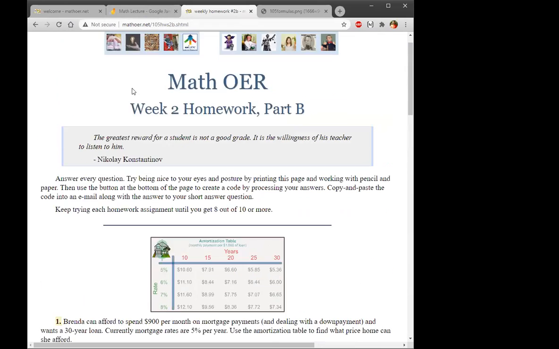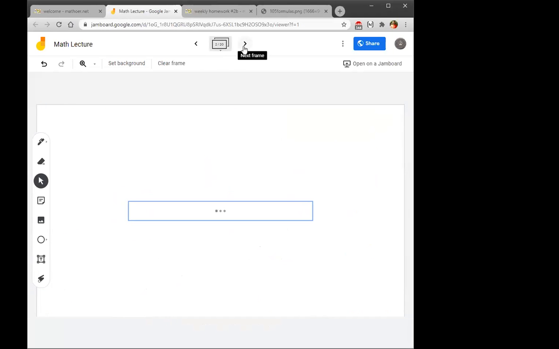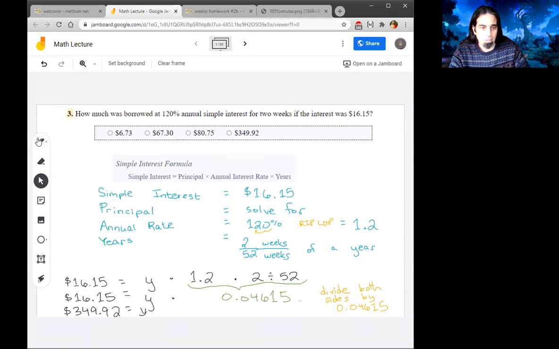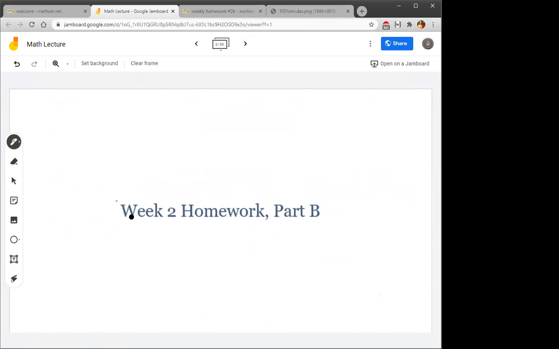I don't know what to do. This is from homework 2A. Okay, and now we're going on to 2B.